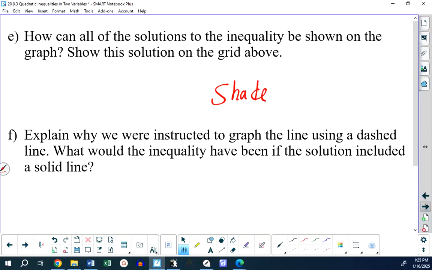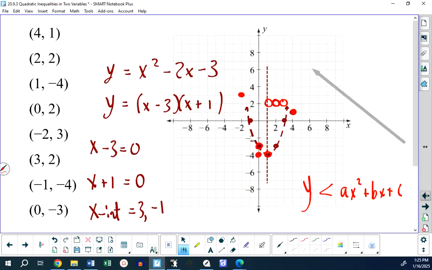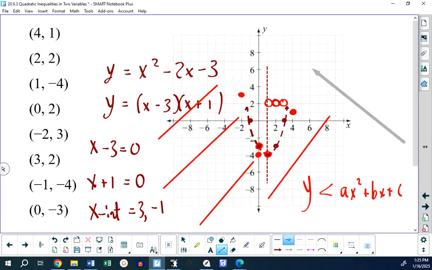Shade. So here is where, if you draw the parabola that I have drawn, I think it's sufficient to do this. I think I get the drift.